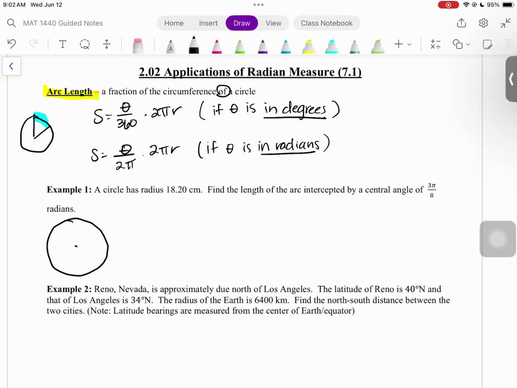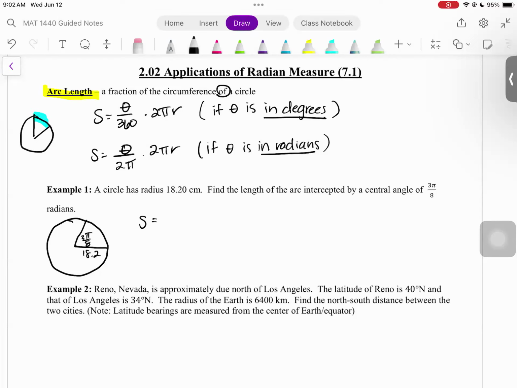So I'm just going to set up a picture. Here's 3 pi over 8. Maybe it's not really that important for this particular example.